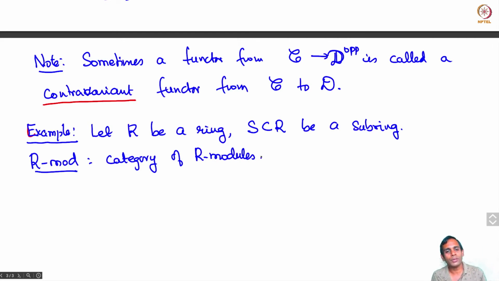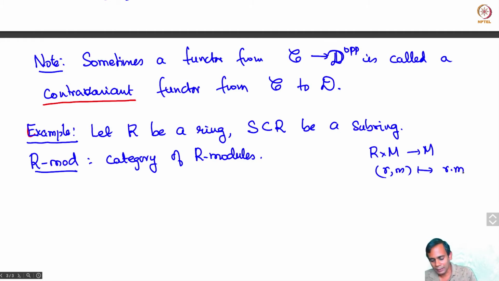An R module, recall, is just an additive abelian group together with an operation from R cross M to M, which takes (r, m) to r dot m, and this satisfies some nice properties which relate the ring structure on R to the abelian group structure on M. You can review this in Algebra 1.